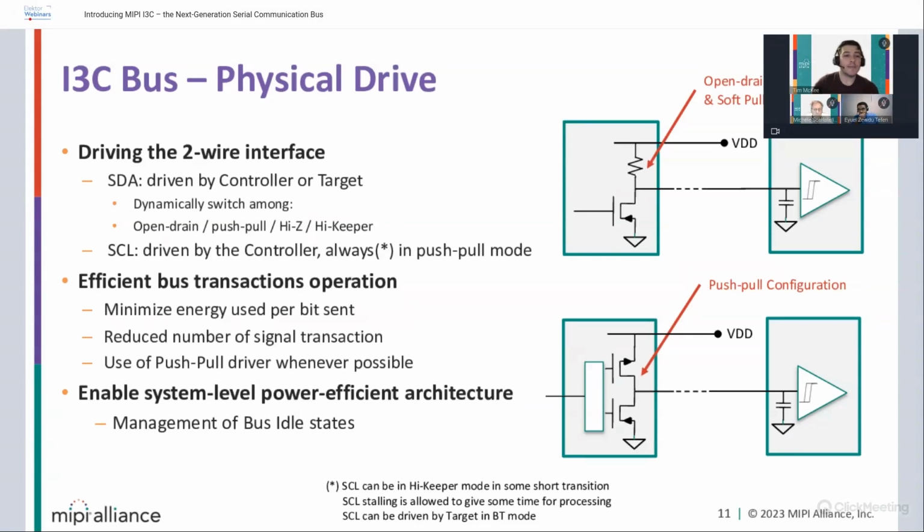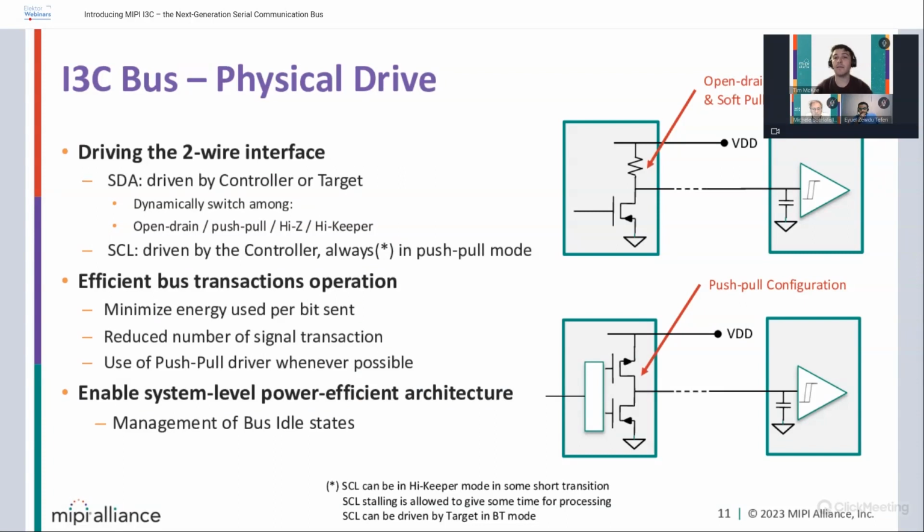Okay, so with these two wires, the drive type is variable as well. The SDA is driven by the controller or target, so the data comes from either side. Just to take a step back real quick, the controller and the target are two primary roles, right?